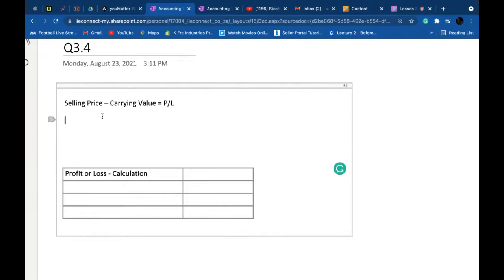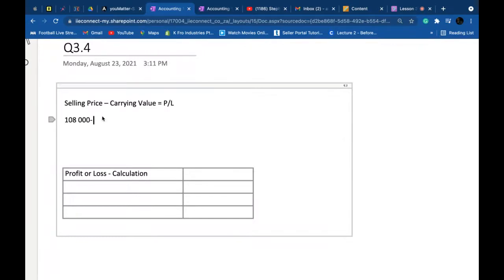The asset register tells us 108,800. And here they don't say whether it's exclusive or inclusive of VAT, so I'm taking 108,800.